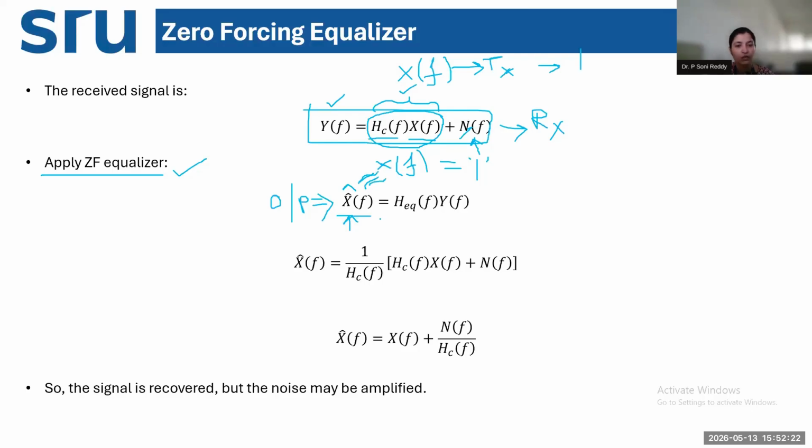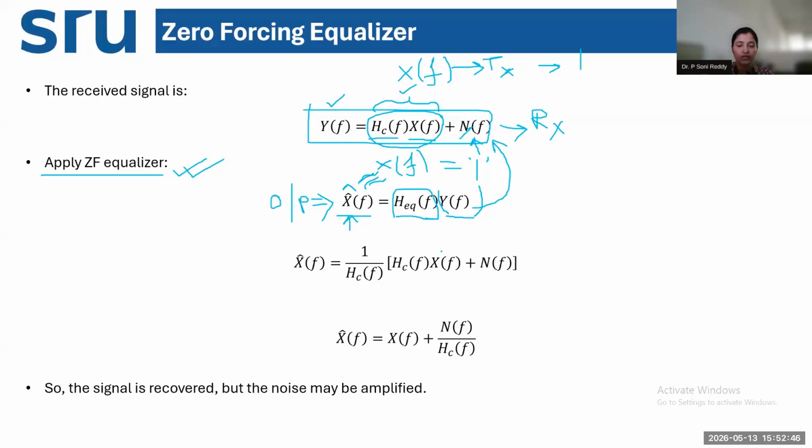Now, how is this output generated with the help of a zero forcing equalizer? The output equation is nothing but the multiplication of the equalizer characteristics with the total received signal. This is my total received signal, and I will simply multiply it with the characteristics of the equalizer.